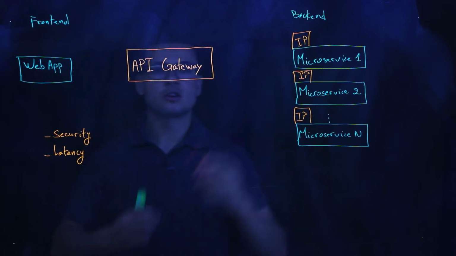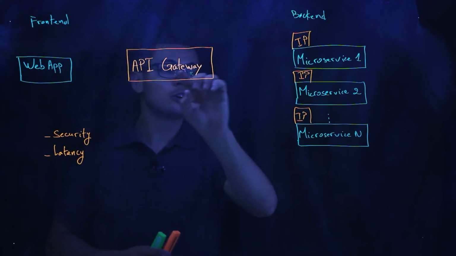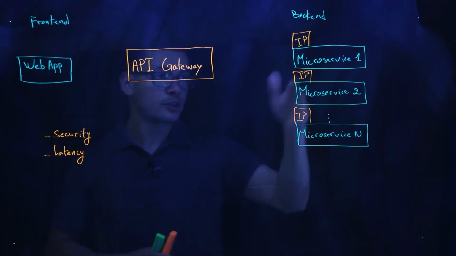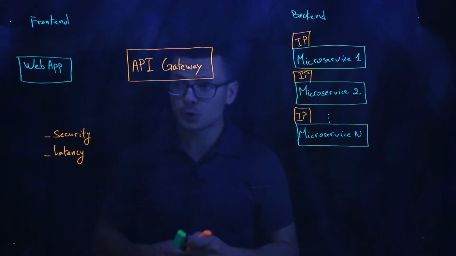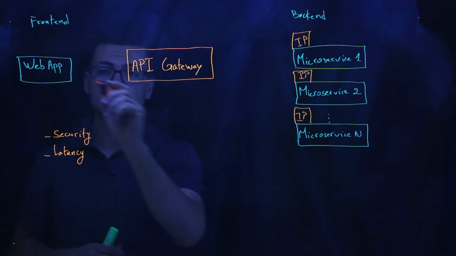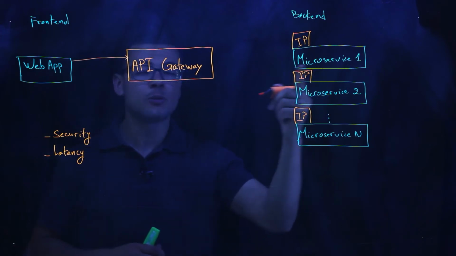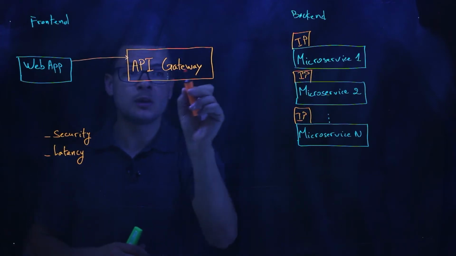It's basically another microservice that the app should go through in order to call those different microservices. So if here I have a request from my web app to get information from those microservices, I don't want to go directly to the microservice, but it needs to pass through the API gateway.